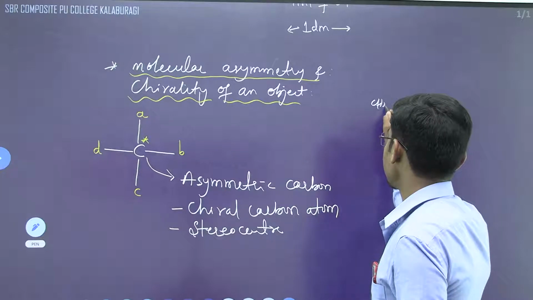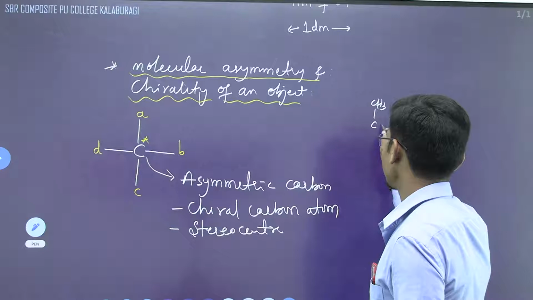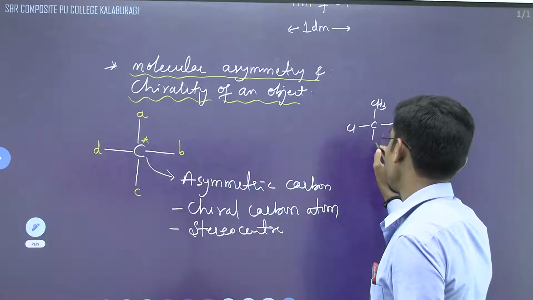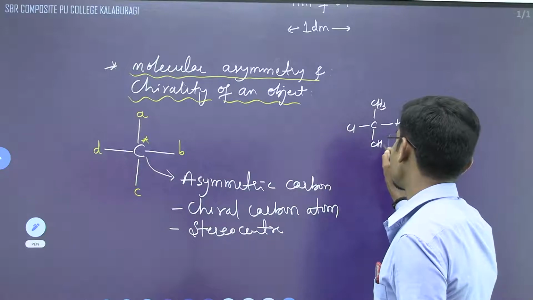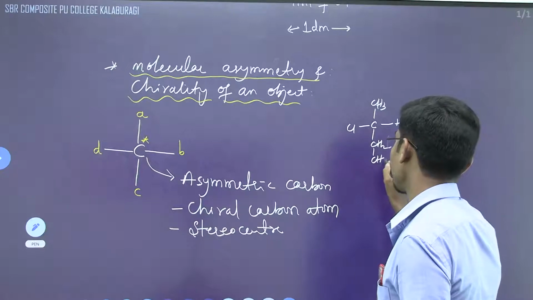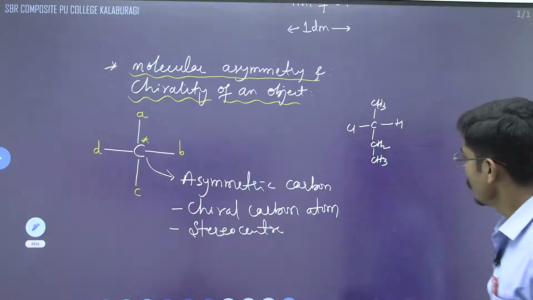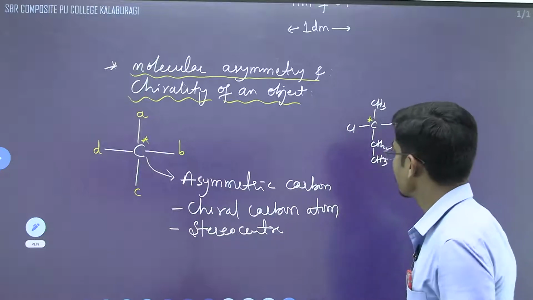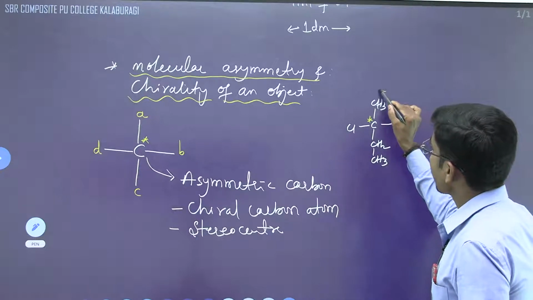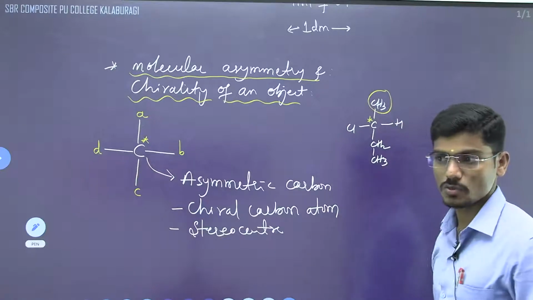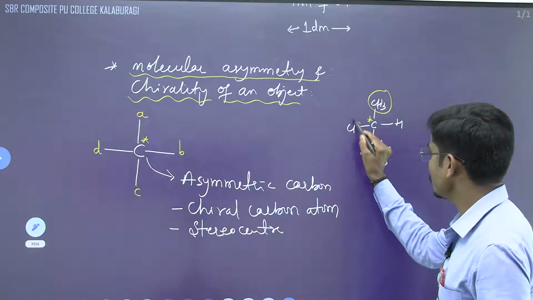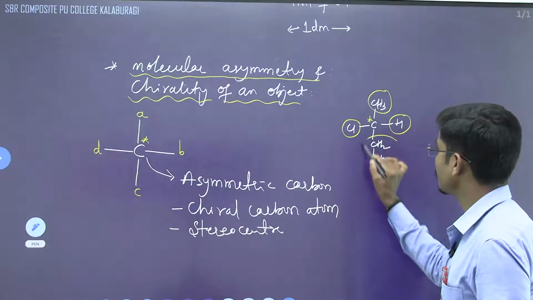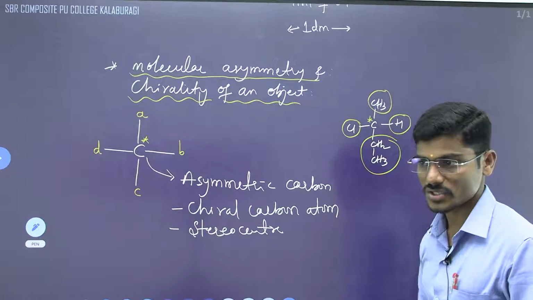Take CH3, a methyl group, and a carbon to which one hydrogen, and on this side one chlorine, and here CH2CH3. So to this carbon, the one on which I have written the star mark, one group is a methyl group, one group is chlorine, one group is hydrogen, and the other group is an ethyl group.